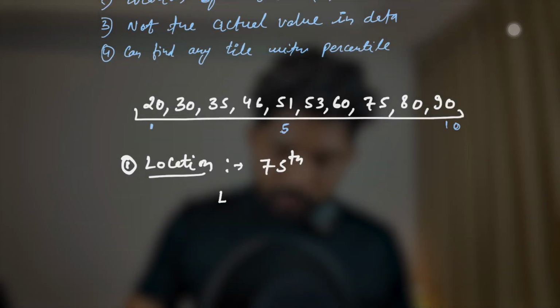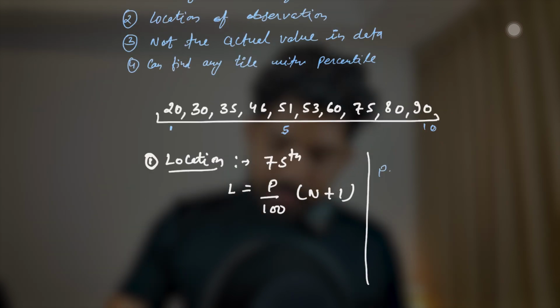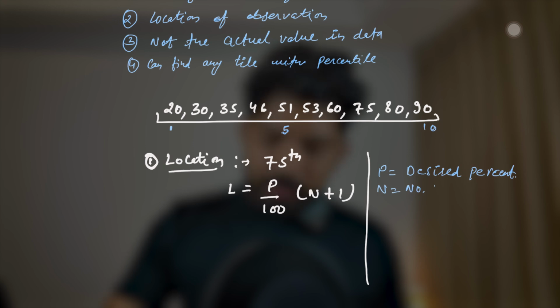To find the location of any percentile, we have a formula which is P over 100 times (n plus 1). Here P represents the desired percentile, and n is the number of observations, meaning the number of items in the data set.